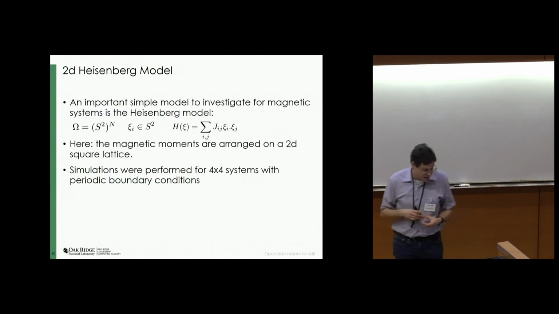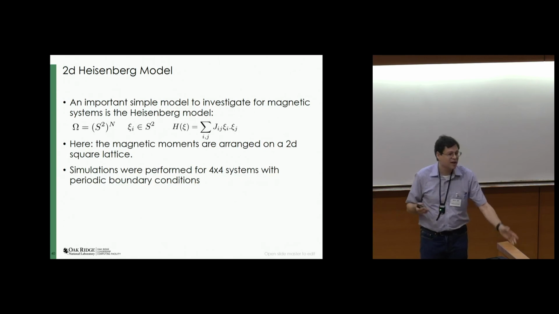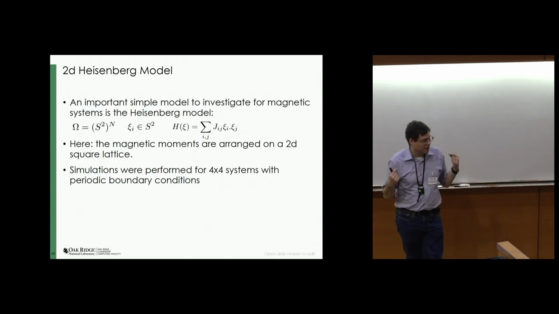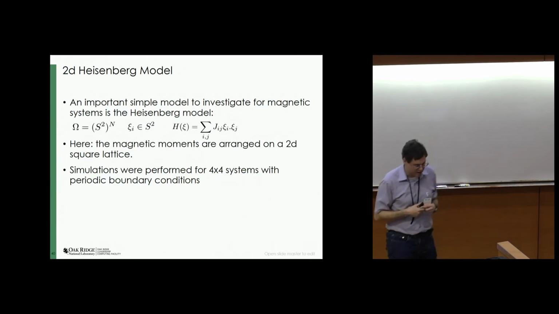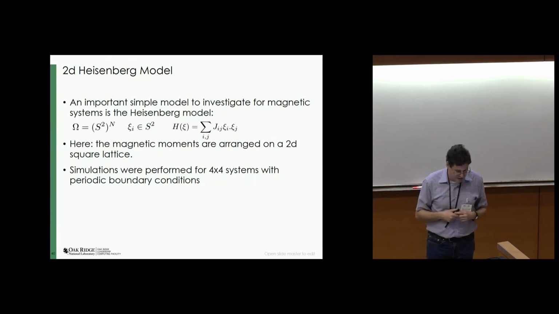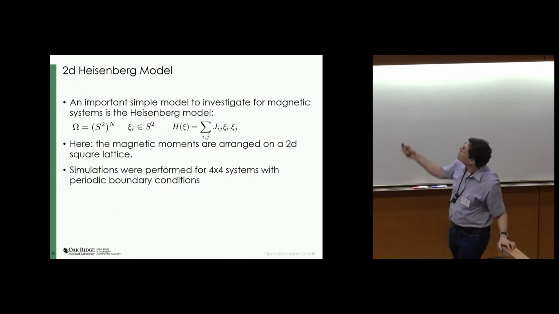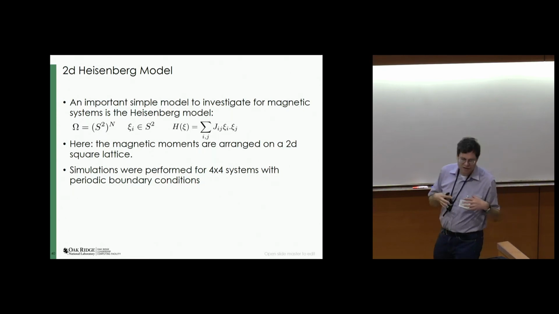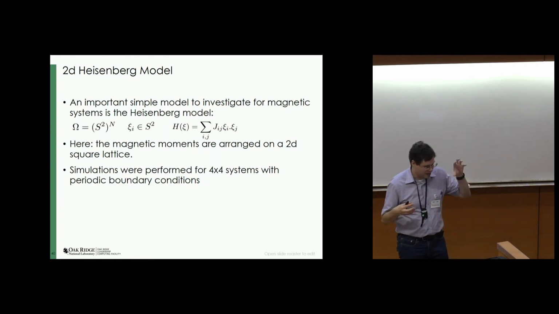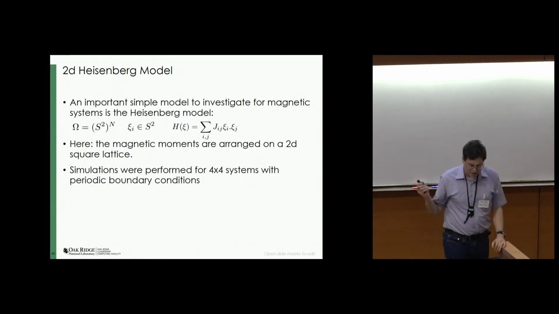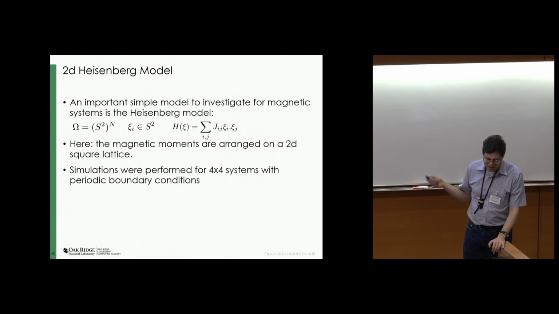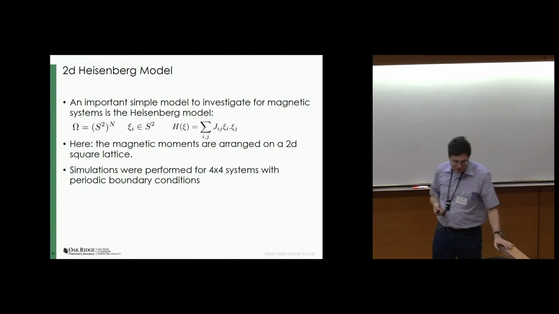So now to the Heisenberg model, which is a simple model that is very similar to the real physical system of the iron calculation that I showed you earlier. We have a system where the phase space is just a set of points on the sphere, and we have n of those.